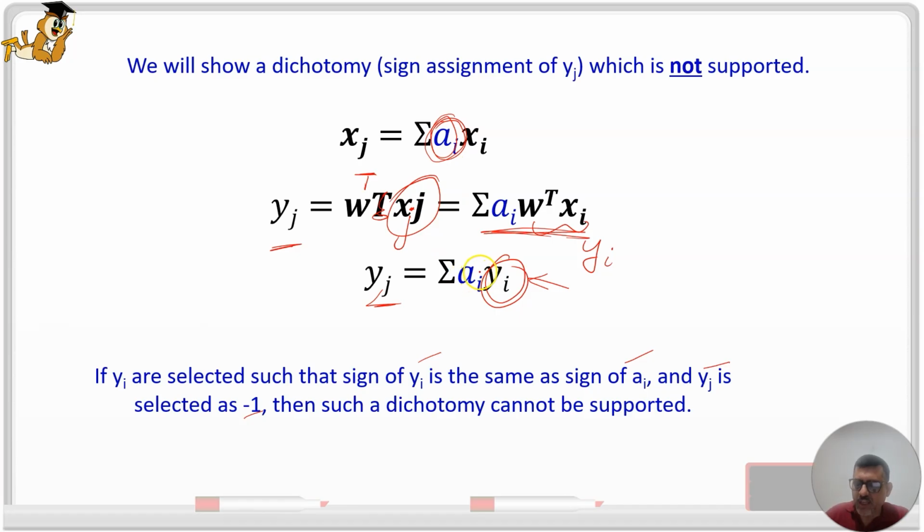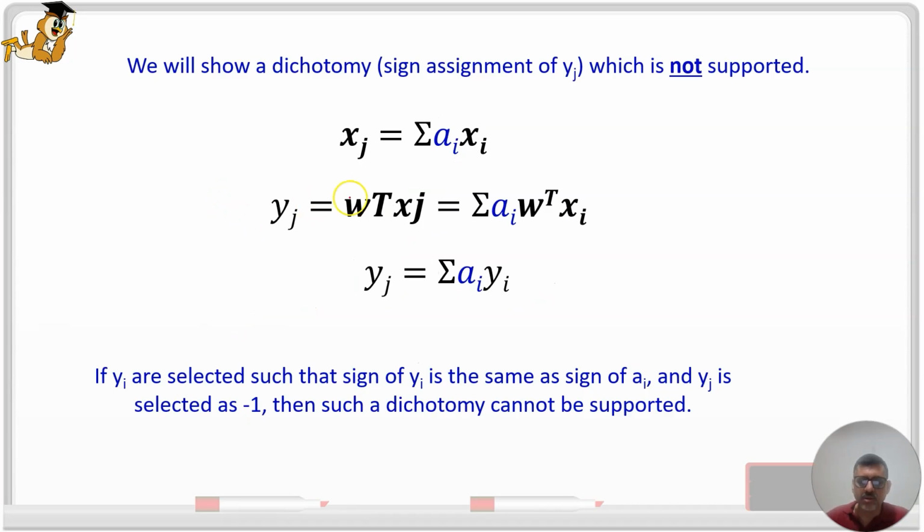And I am giving you a labeling which says that the sign of yi has to be equal to the sign of ai, and the sign of yj has to be equal to -1. Why is this not supported? Because when the sign of ai and yi is equal, all of these terms become positive, and the sum of several positive quantities cannot be equal to a negative quantity. So this is an example of a dichotomy that cannot be supported if you have d plus 2 points, right?